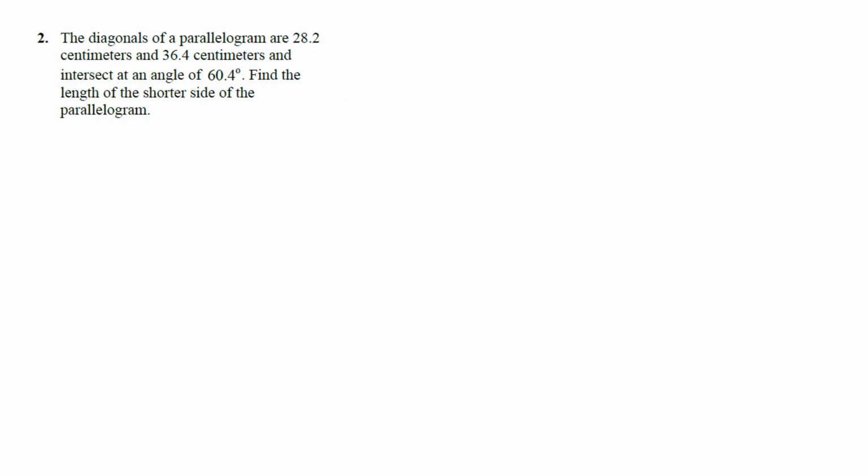All right, our second problem here says that the diagonals of a parallelogram are 28.2 centimeters and 36.4 centimeters and intersect at an angle of 60.4 degrees. Find the length of the shorter side of the parallelogram. So let's first draw our parallelogram here.